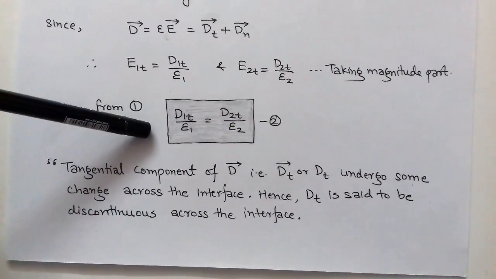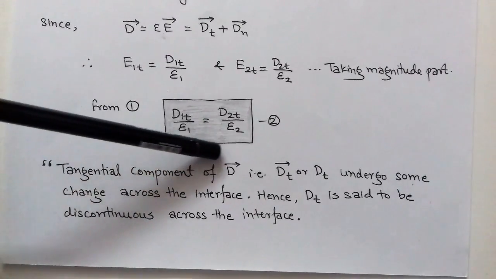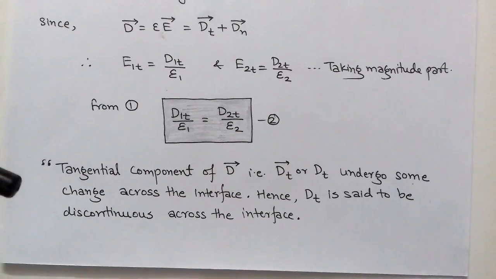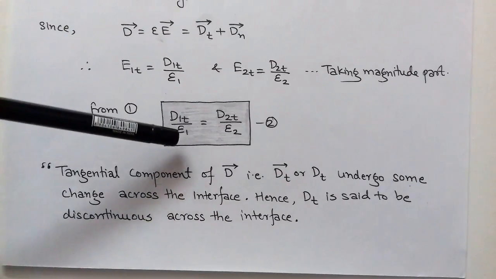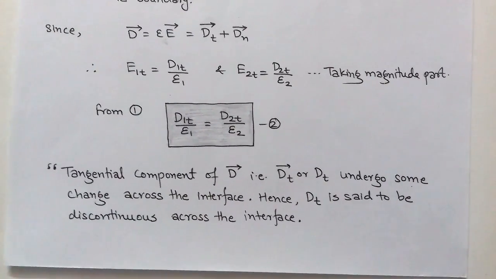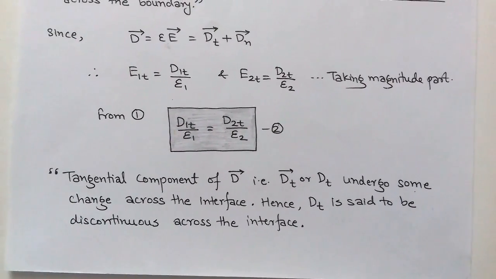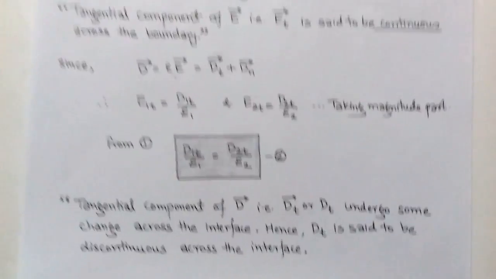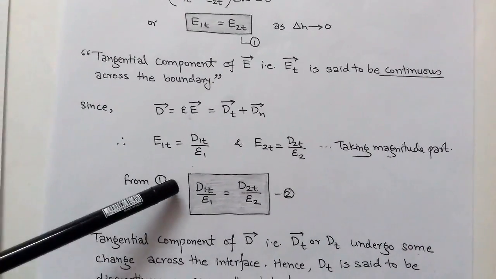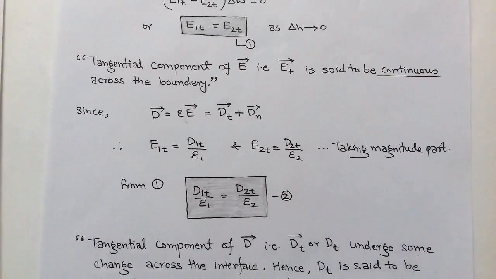So from equation 2, we see that the tangential component of D is not continuous. It depends upon the values of epsilon 1 and epsilon 2. So the tangential component of electric field is continuous, while the tangential component of electric flux density D is not continuous at the dielectric-dielectric boundary.